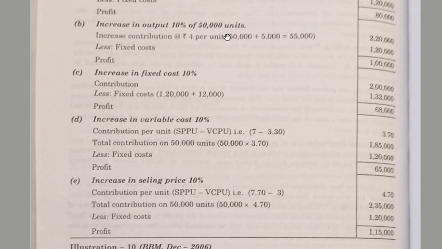Your next situation is a 10% increase in output. 50,000 is your actual output, into 10% increase: 50,000 into 10 divided by 100 is 5,000.